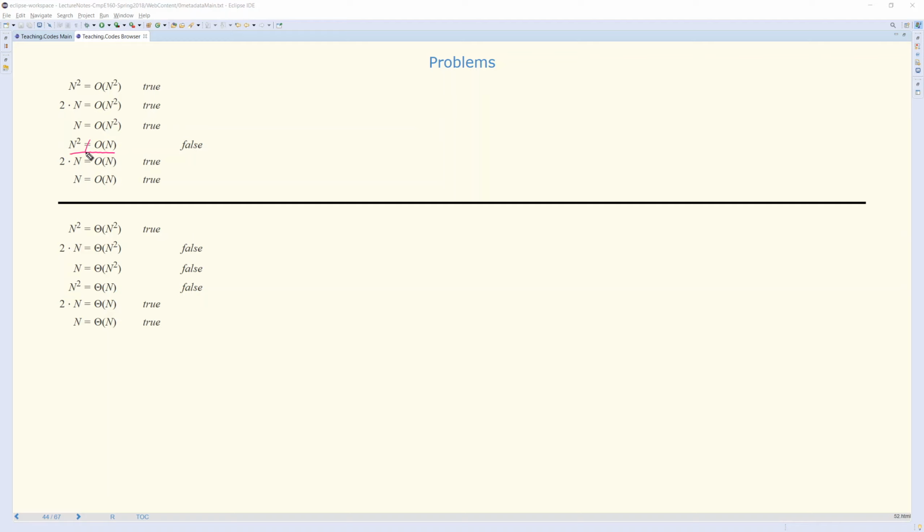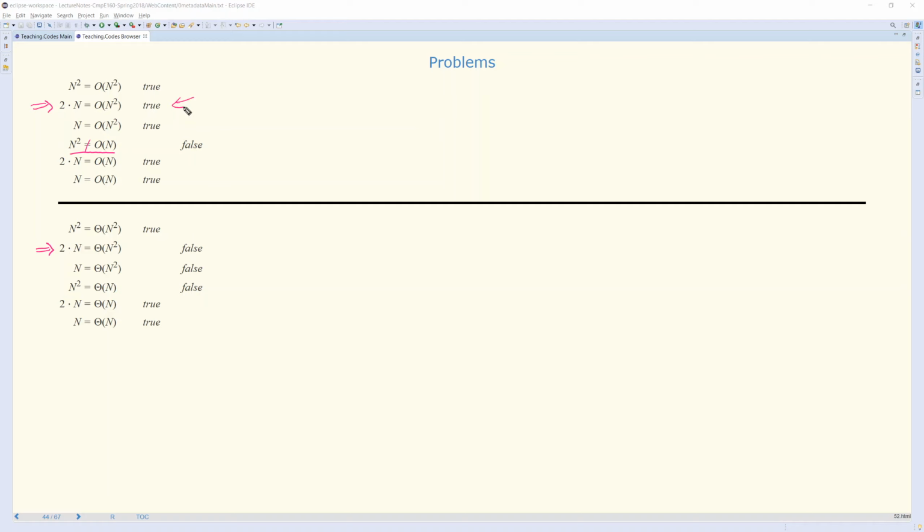Look at the examples below the line. Now these are, pay attention, not for O, but for theta. So saying n squared is equal to theta of n squared, that's correct, definitely. Saying 2n is equal to theta of n squared is false, while saying 2n is equal to O of n squared was true, because in the one above, O of n squared was an upper bound.